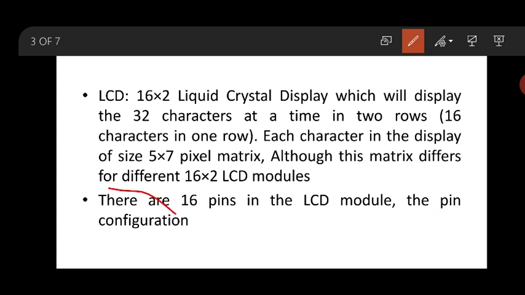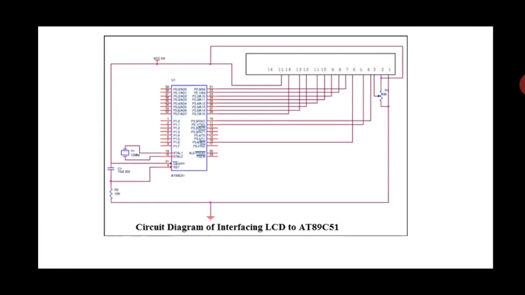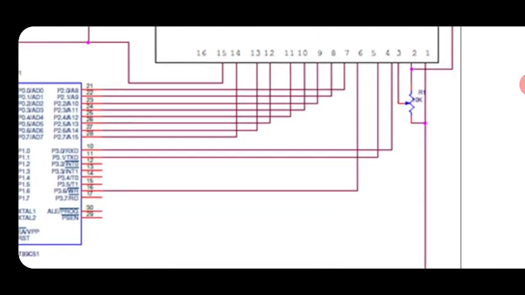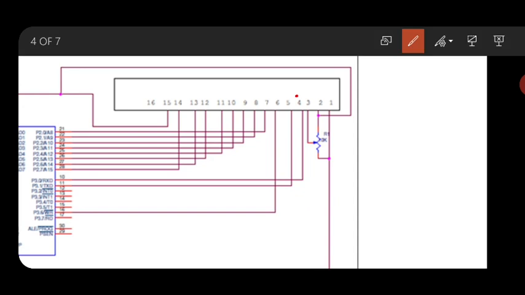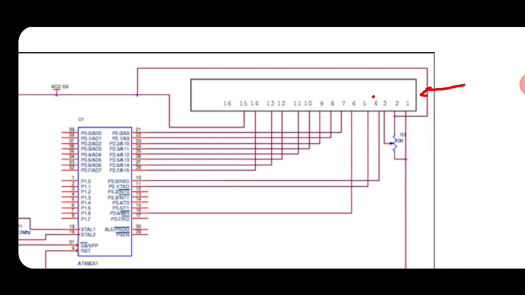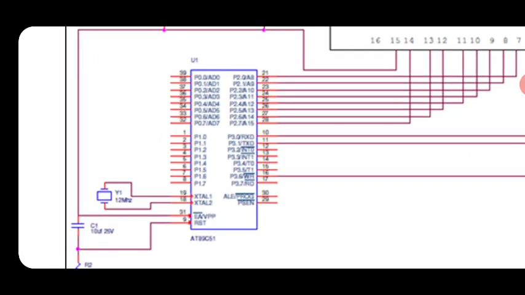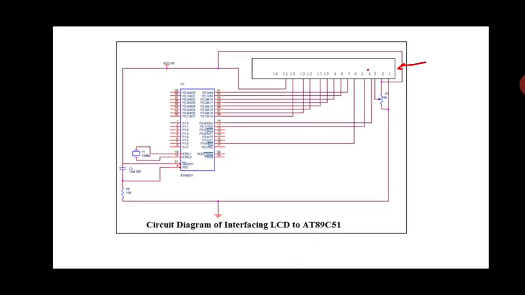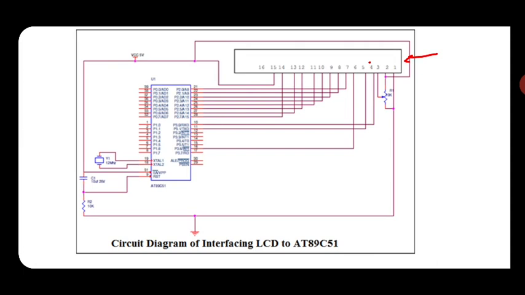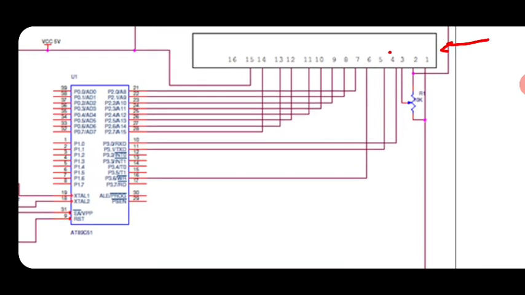We will see each pin configuration here. This unit has 2 rows and 16 columns, and it is interfaced to a port of the 8051, through which information is transmitted to the LCD, and the characters, numbers or special characters are displayed on the monitor. When I say monitor, it is a liquid crystal unit.